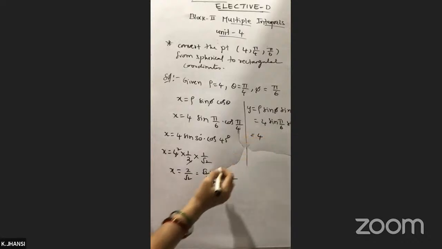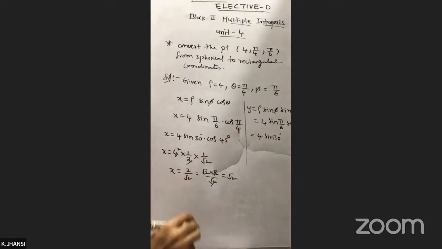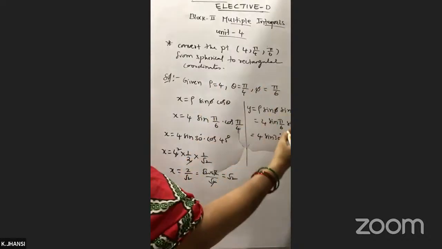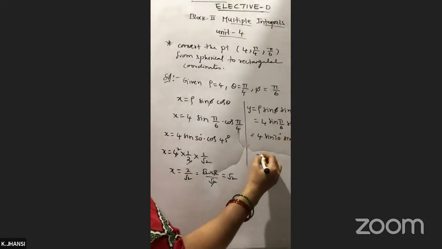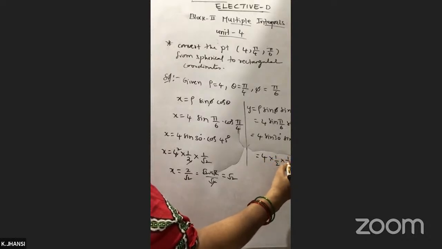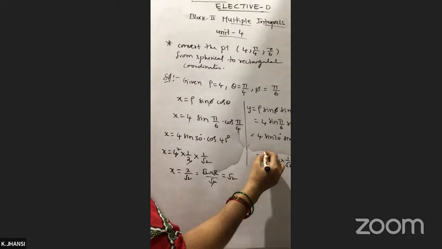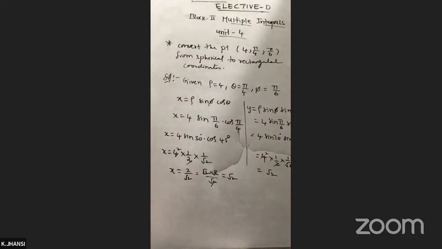So it is 4 sin 30 degrees and sin 45. So it is 4 into sin 30, which is 1 by 2, into sin 45, which is 1 by root 2. Same, you will get root 2. So the y value is also the same.